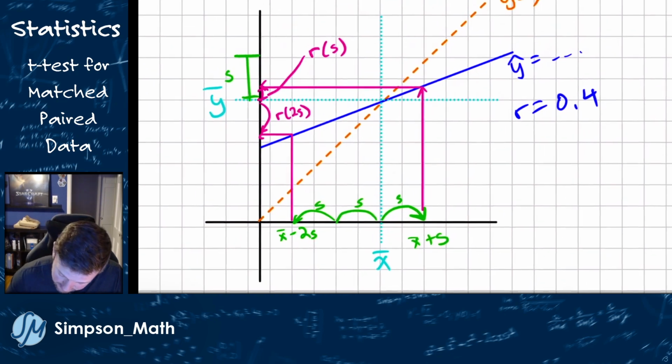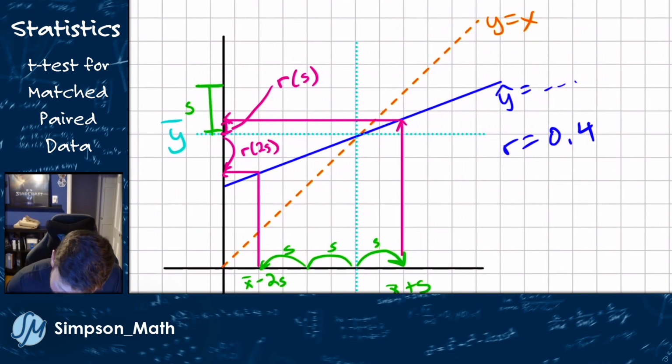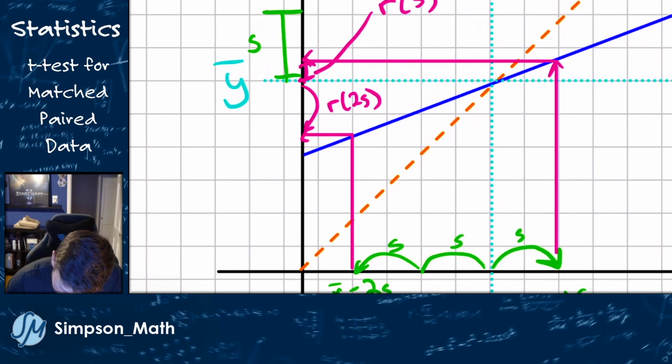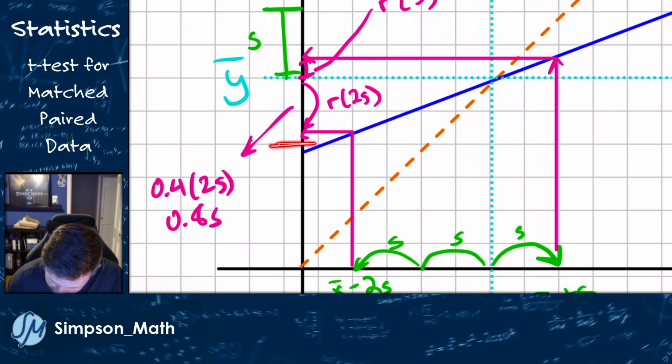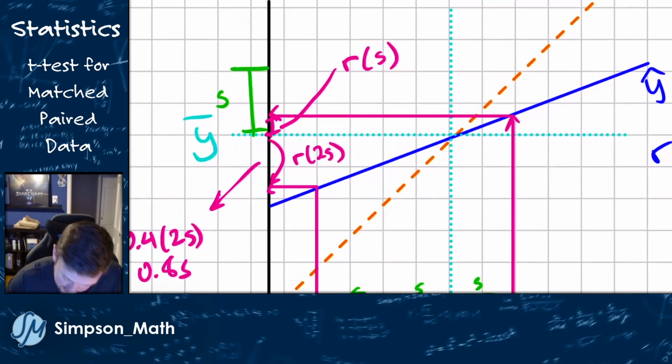So in this case, if r was 0.4, we're going to have 0.4 times 2s, or 0.8 times s. On my scale, from here to there is one unit, and I'm at about 0.8. If r is 0.4 and I'm at 1 standard deviation, I'm at 0.4 of a standard deviation to get to this upper one.